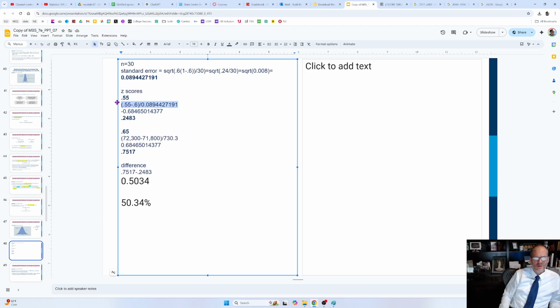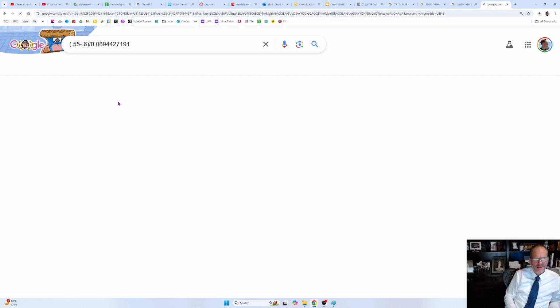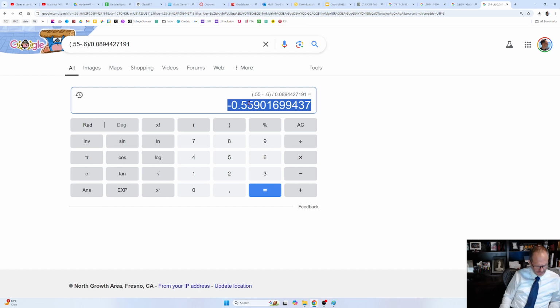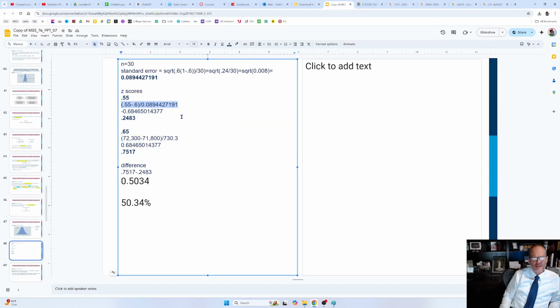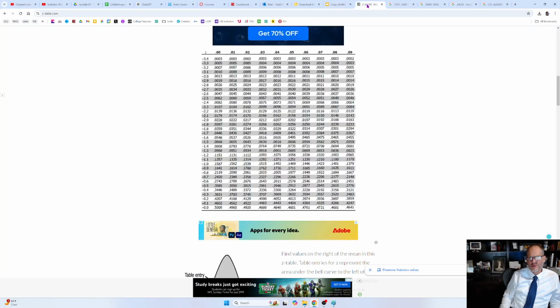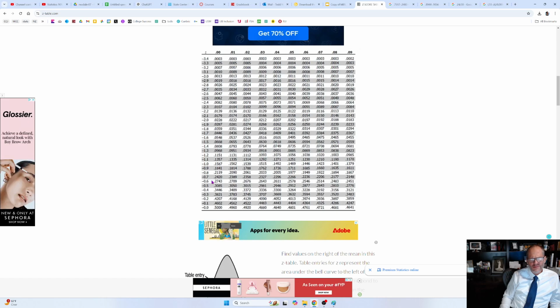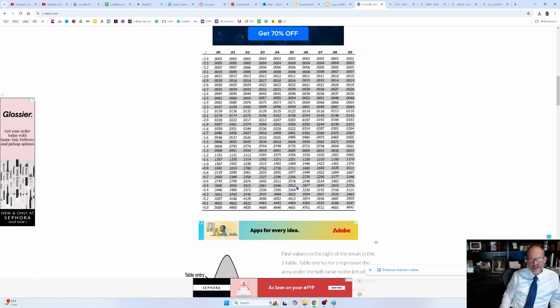When we do this formula here, we get that. I'm going to put that in here, and when we look this up, that's our z-score right there, 0.559. When we look that up in our z-table, negative 0.559, you might as well just say negative 0.56, it's going to be 0.2877.